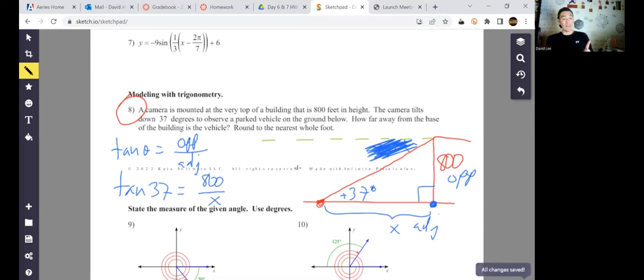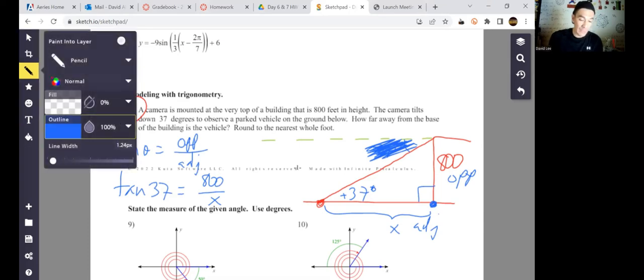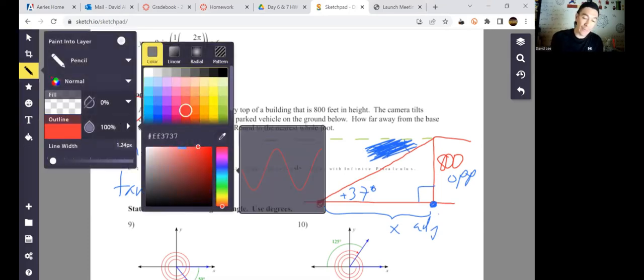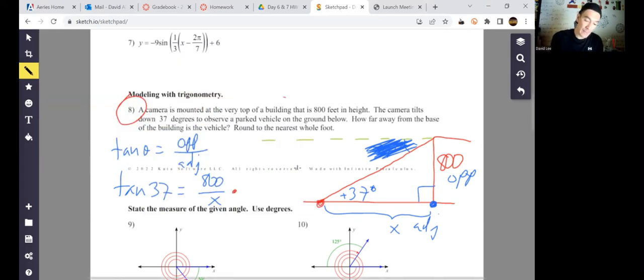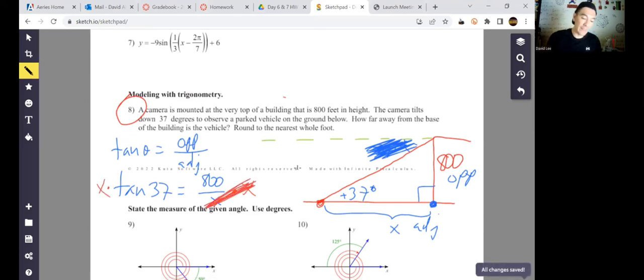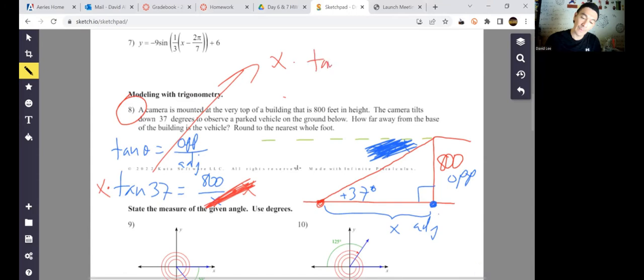This can be tricky, so watch how we do this. I could get rid of my denominator by multiplying both sides by the variable x. So I have x times tangent 37 equals 800.